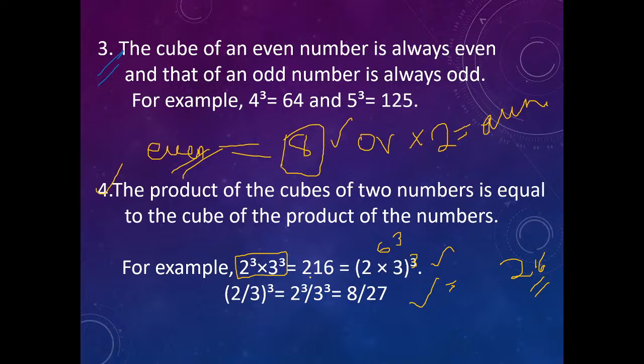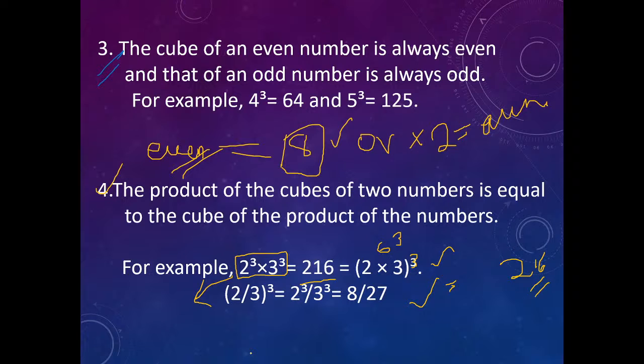Finding the cubes separately will take time, but if you just multiply the numbers and find the cube, 2 into 3 is 6 and its cube is 216. Otherwise, you need to find 2 cube is 8, 3 cube is 27, and 27 into 8 is 216.